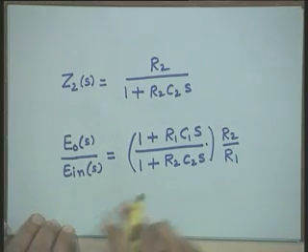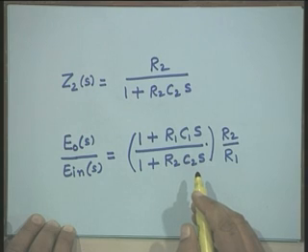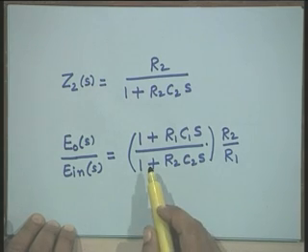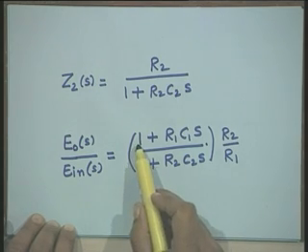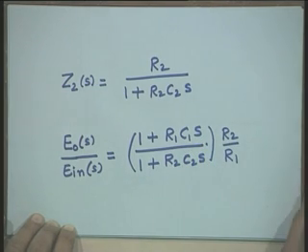Okay. Therefore, you can see here the transfer function is similar to what we are looking for, because we are interested in having a transfer function of the form (1 + T1 s) / (1 + T2 s).